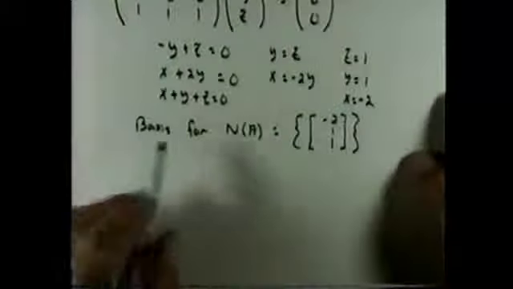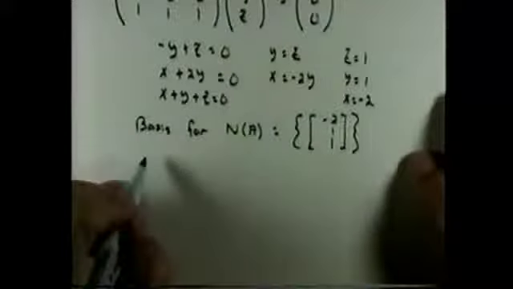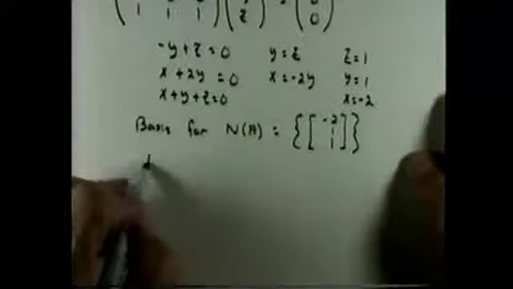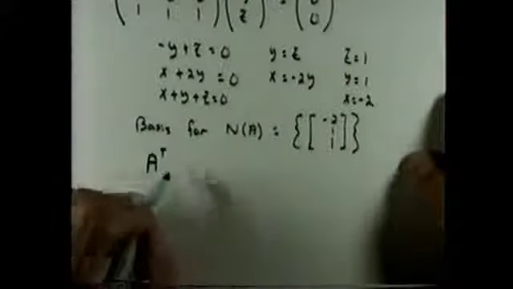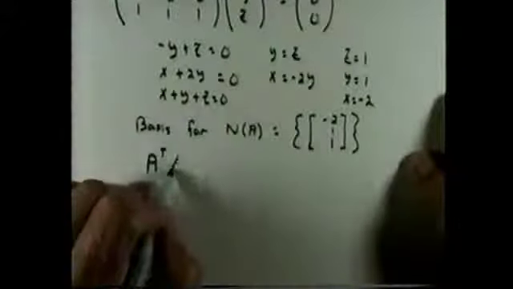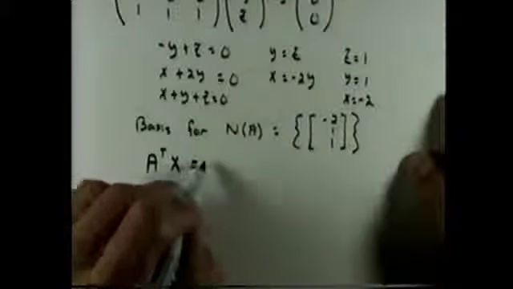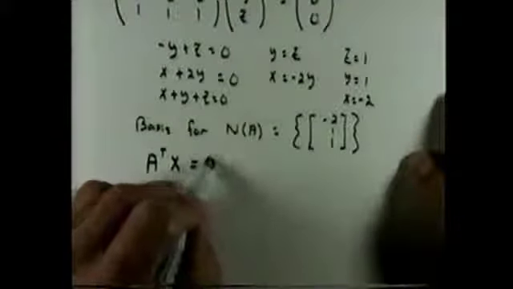Now we'll get a basis for the null space of the transpose of A. So I'm looking for vectors x such that A transpose times the vector x is equal to 0.